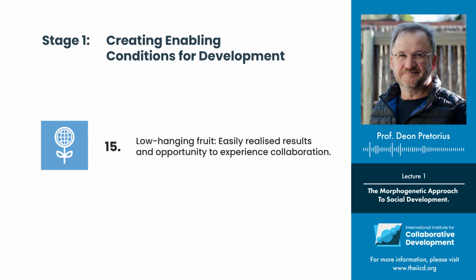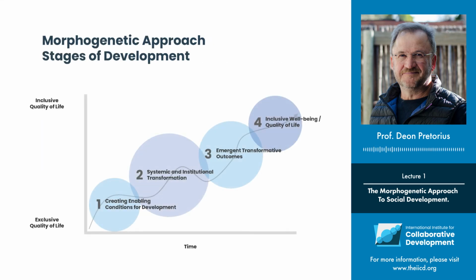So that was stage one. And roughly speaking, in the type of contexts in which I've been working, one can actually put a time frame on it. It probably takes at least a year to 2 years to achieve that set of actions.